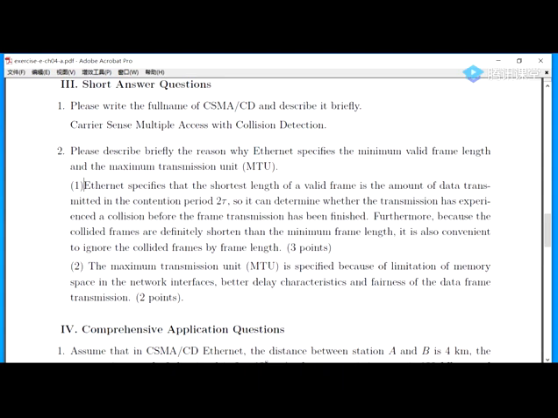Point 2. Why is the maximum transmission unit needed? The maximum transmission unit, MTU, is specified because of the limitation of memory space in the network interface.